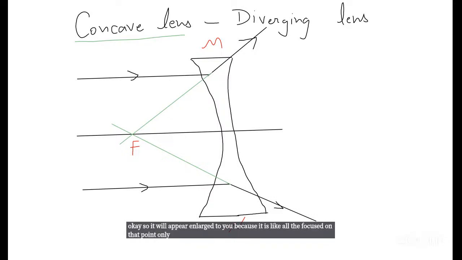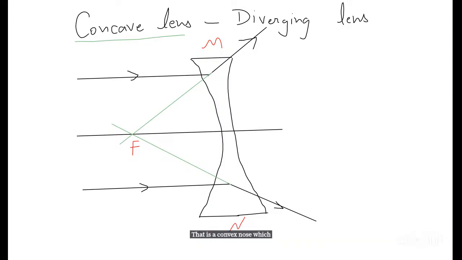That is a convex lens, which is used in a magnifying glass. It makes the object appear much larger.